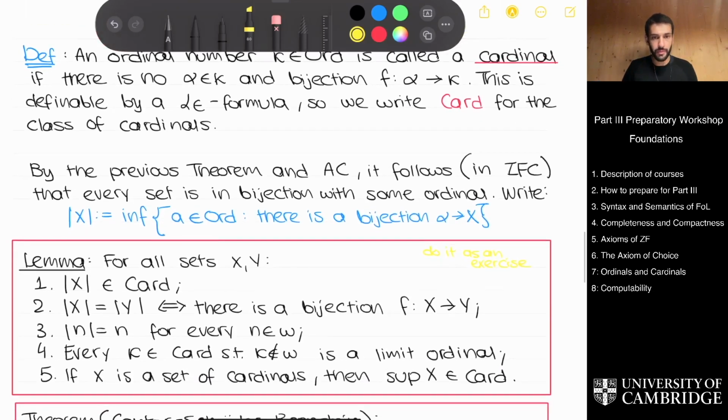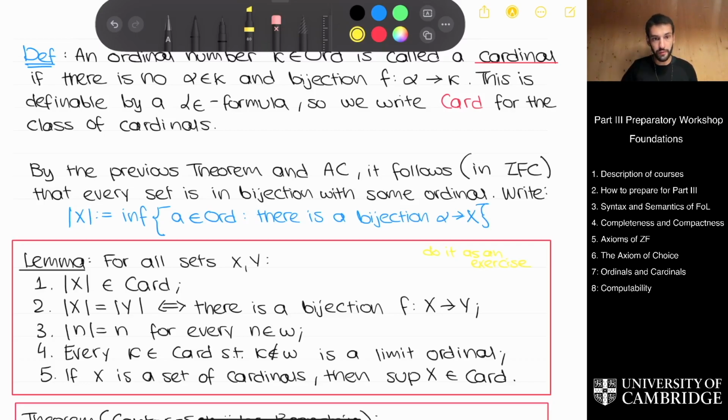Now, by the theorem I gave to you before, every well-ordered set is isomorphic to a unique ordinal, and the axiom of choice, or the well-ordering principle, tells us that every set can be well-ordered. It follows in ZFC that every set is in bijection with some ordinal.